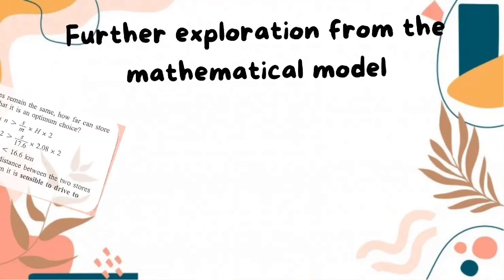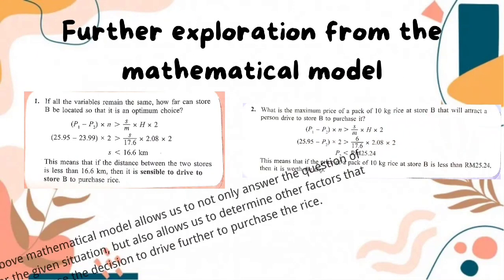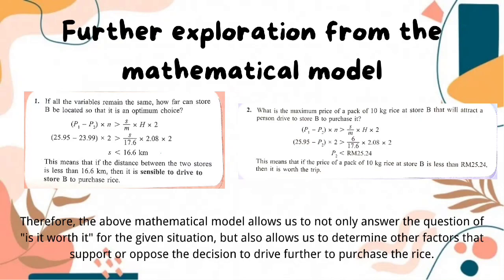Further exploration from the mathematical model. Number 1. If all the variables remain the same, how far can store B be located so that it is an optimum choice? The solution is (P1 minus P2) times N larger than S over M times H times 2. (25.95 minus 23.99) times 2 larger than S over 17.6 times 2.08 times 2.